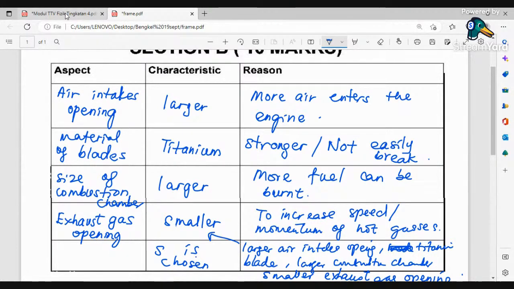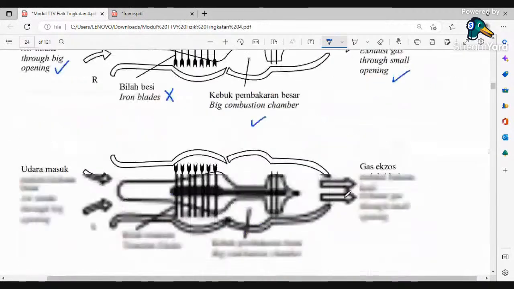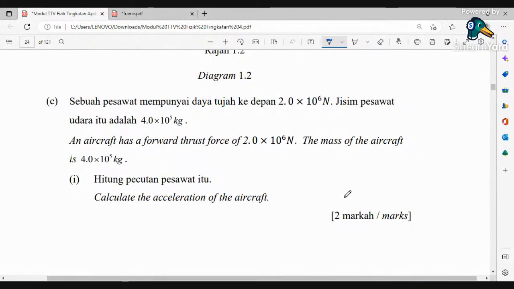Bahagian C1. Kita balik pada soalan C1. An aircraft has forward thrust of 2 times 10 power 6 Newton. Mass of aircraft is 4 times 10 power 5. Calculate acceleration. So you ada force, you ada mass. Nak cari formula a. Okay, very direct ni ya.